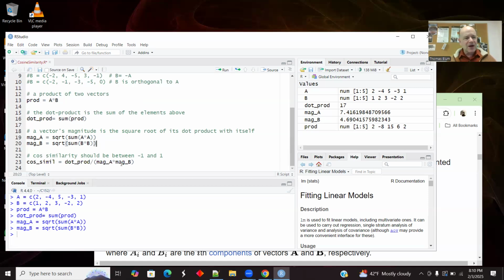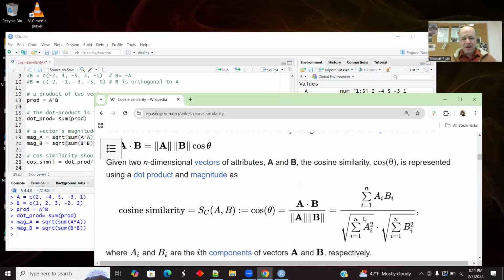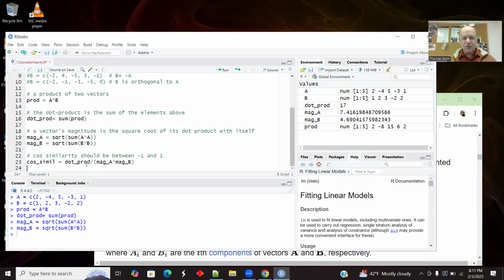Now, finally, we're ready for this cosine similarity. We divide the dot product of A and B by the magnitude of A and B. So both the magnitude of A and the magnitude of B are in the denominator. I always like to have my parentheses around my numerators.